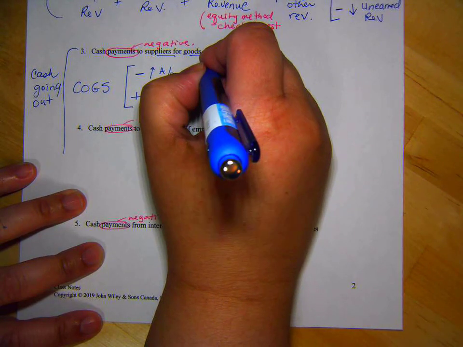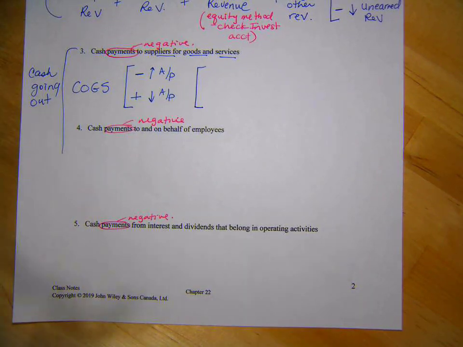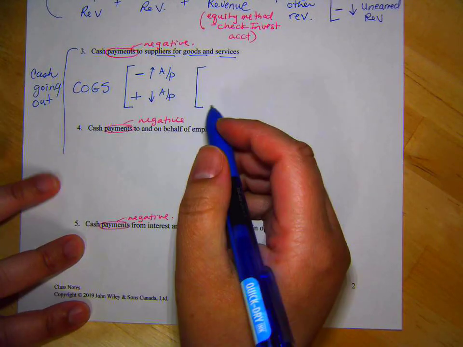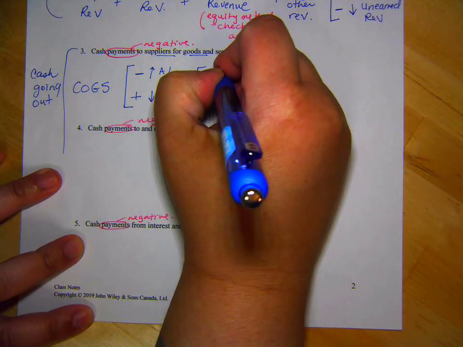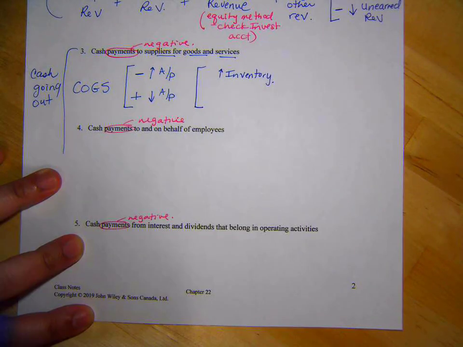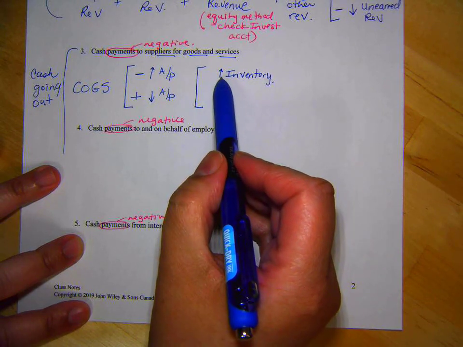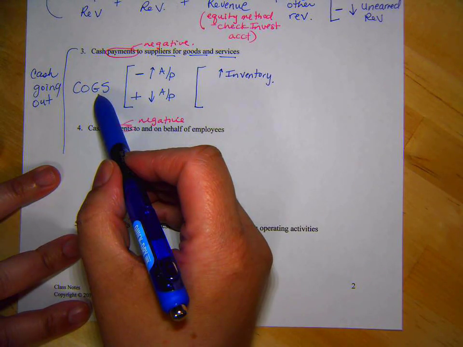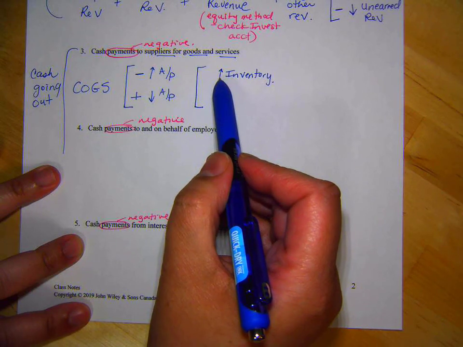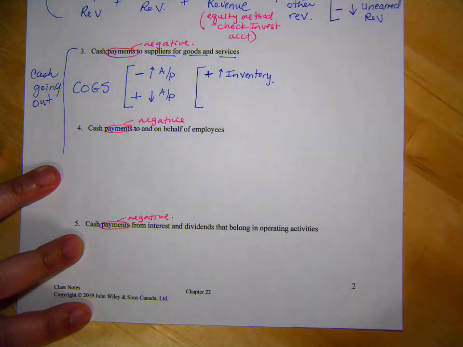Now, inventory is the one we have to deal with. Remember I said we're dealing with the income statement, all the current assets, and all the current liabilities. So, if inventory goes up, that means we bought more inventory than needed for cost of goods sold. So, did we have to shell out more money? Yes. Amount of cash, we're going to increase.